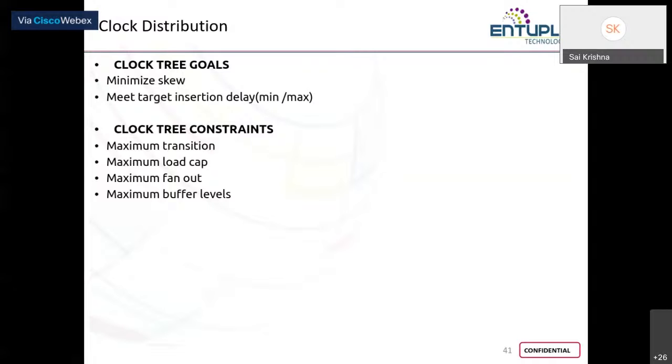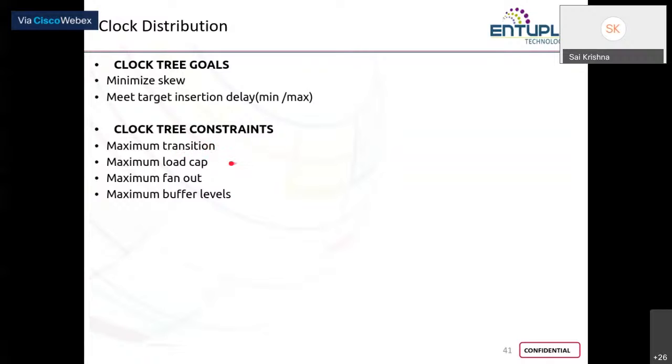Along with it, there are some design constraints like your transition, capacitance, and fan out. So this is where your high fan out net comes into picture with your maximum fan out constraint, and what is the maximum capacitance or the load, and this directly influences your transition.